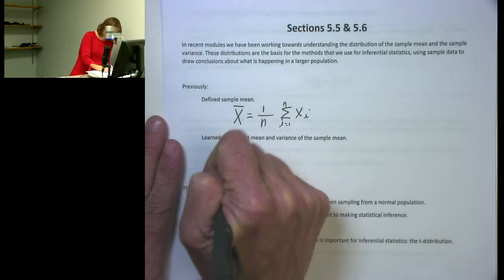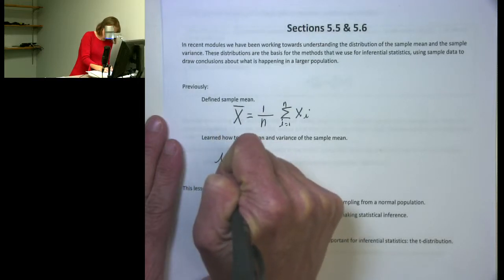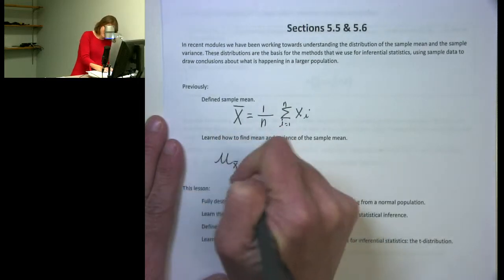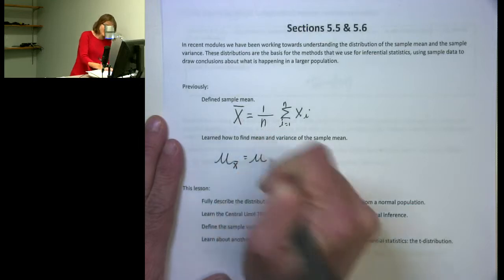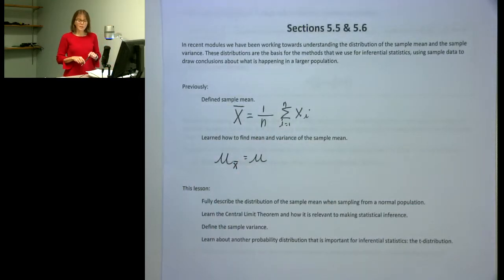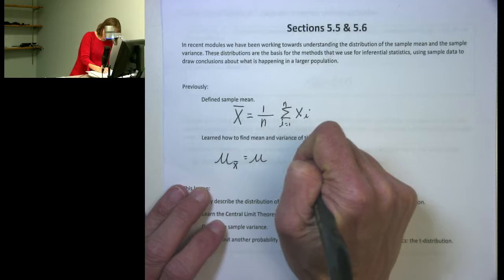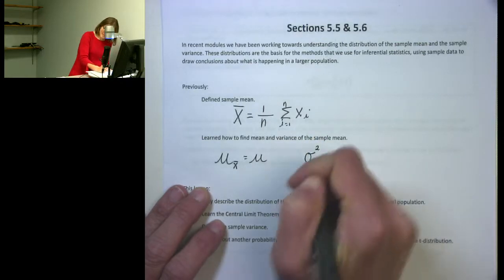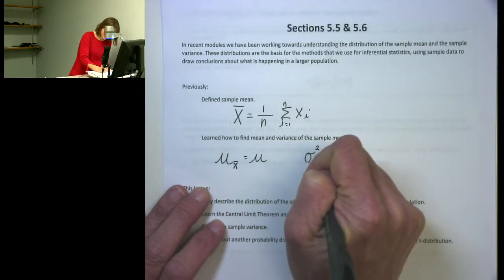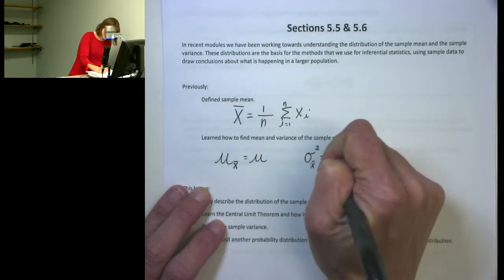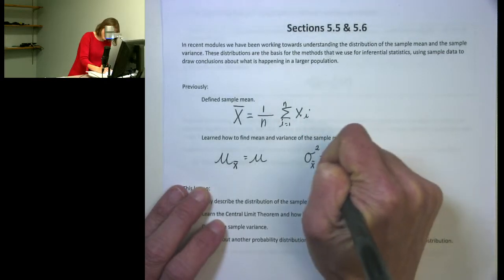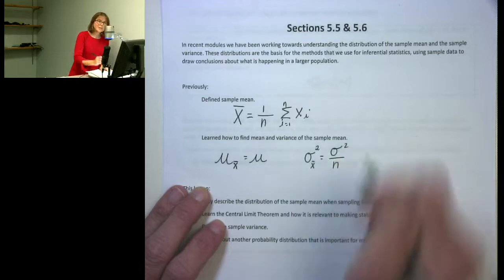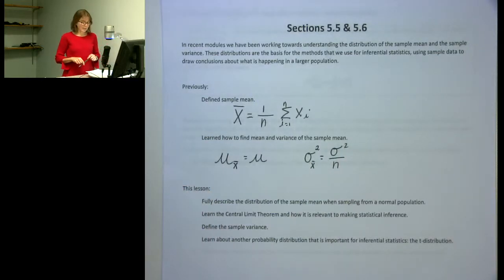The mean of the sample mean, I'll use the notation mu of x bar, is the same as the mean mu in the population that we're sampling from. And the variance of x bar is sigma squared over n, where sigma squared is the variance in the population that we're sampling from.